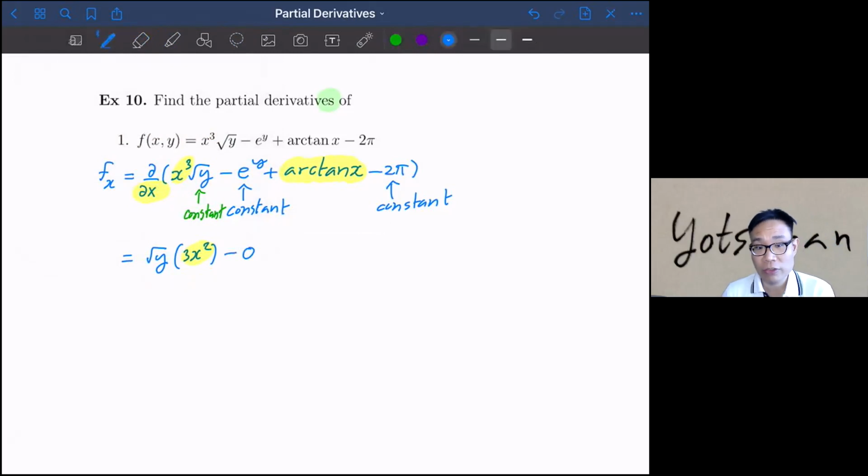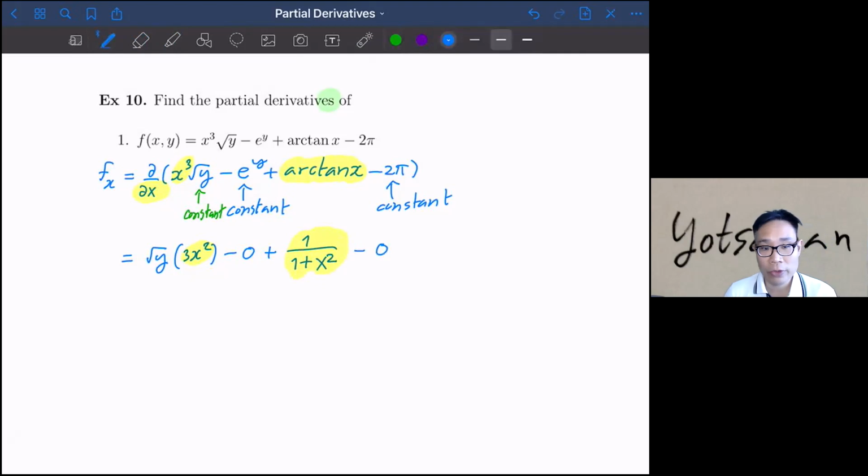Minus or plus, it doesn't matter, it's going to give you nothing anyway. So you have arctan x, so it's going to be 1 over 1 plus x squared. Okay, and the last thing is 2 pi, so you differentiate, and it's going to be 0.